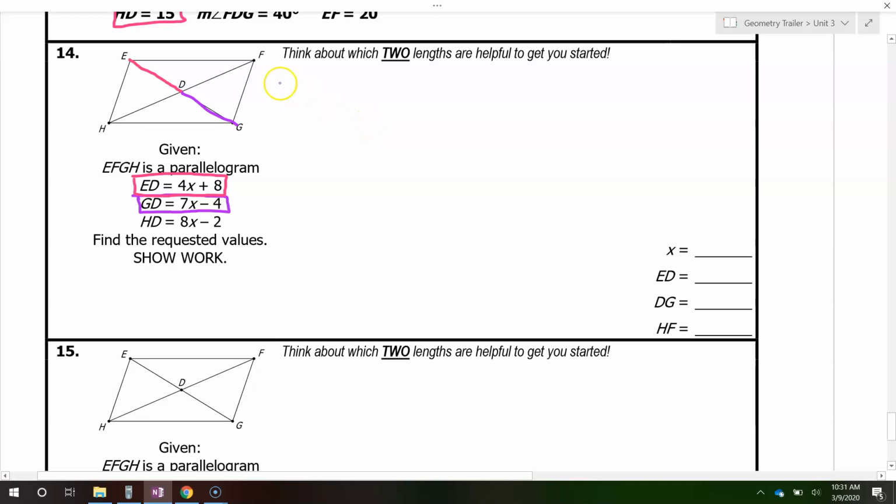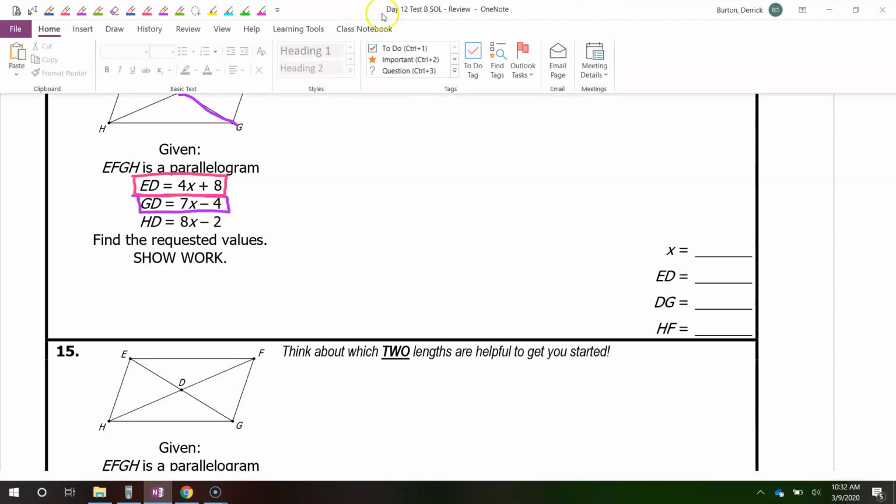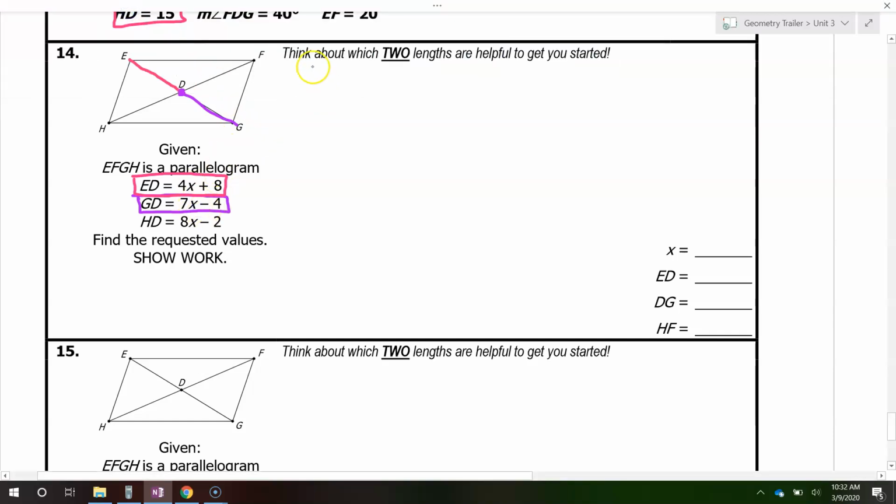Right away, this is a parallelogram. The diagonals will bisect each other, which means they meet at their midpoints. So the red and the purple should be equal to each other. I should be able to set these equal to each other: 7x minus 4 should equal 4x plus 8.